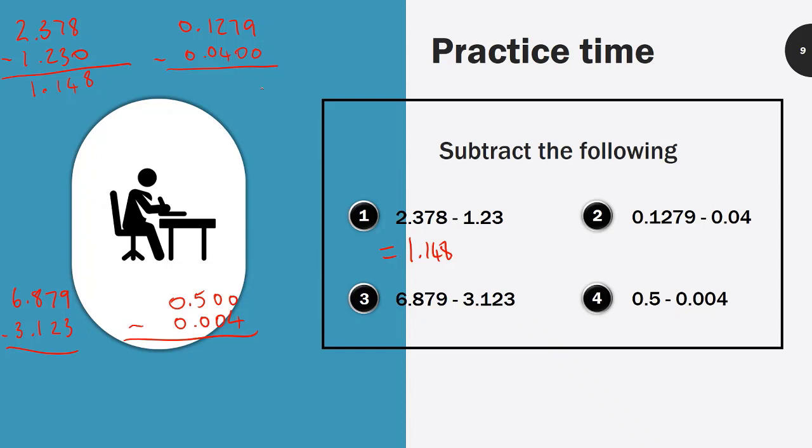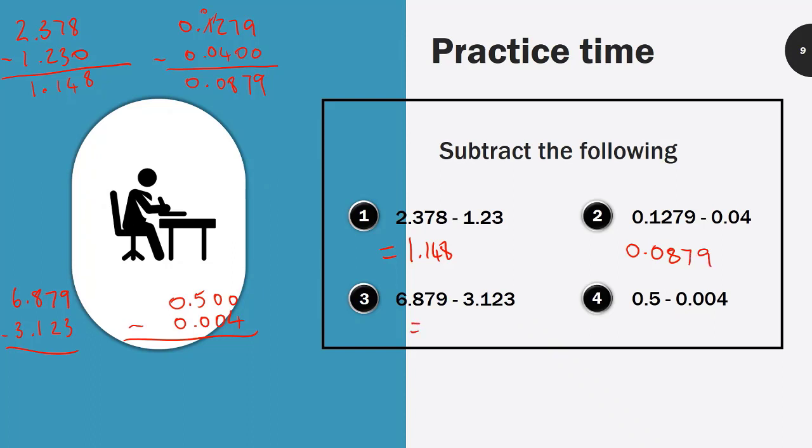So 9 take away 0 is 9, 7 take away 0 is 7, 2 take 4 I cannot do, so I need to borrow, and I have 12 take 4, which gives me 8, and then 0 take 0, which is 0, and then I add in my decimal point, and I've got my answer, 0.0879.